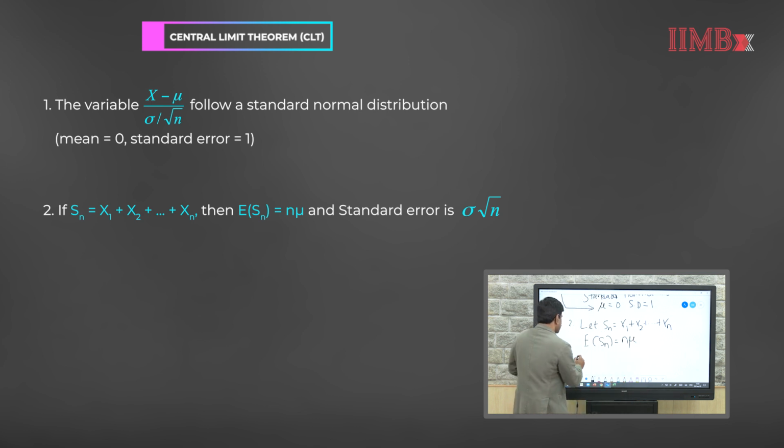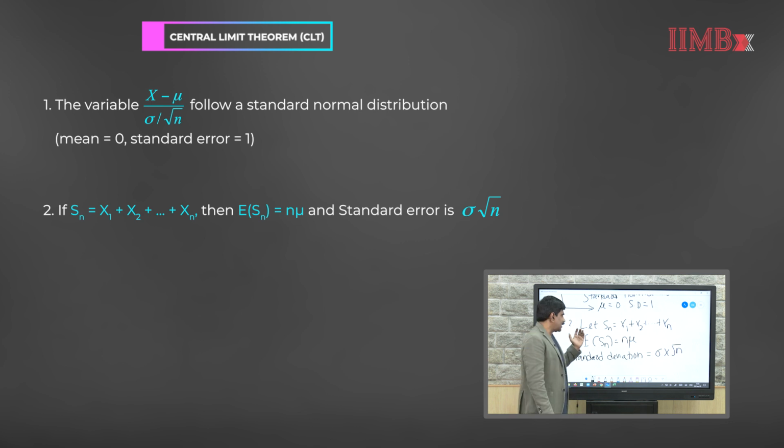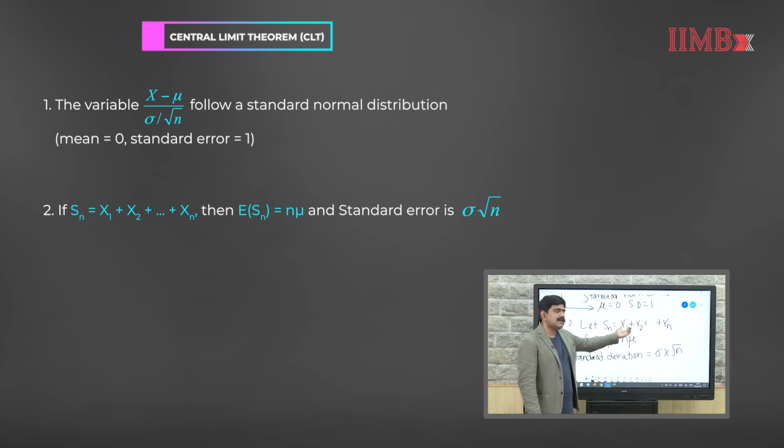The standard deviation of the summation will be sigma times under root n. Basically, this summation, which is summation of n independent and identically distributed random variables, will have an expected value or mean which is n times mu and standard deviation which is sigma times under root n. Here remember mu is the mean of the population and sigma is the standard deviation of the population.